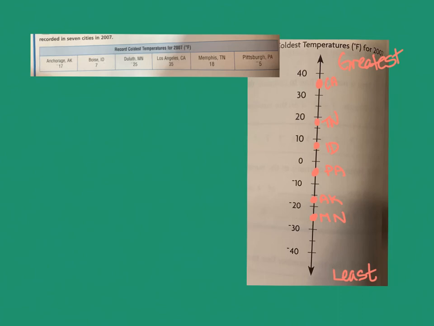Then they asked us to order them least to greatest. Well, now that they're on the number line, it's ordered for me. I just have to move my way up the number line, least to greatest. So I go ahead and list them. Minnesota. Then next is Anchorage, Alaska. Next is Pittsburgh, Pennsylvania.